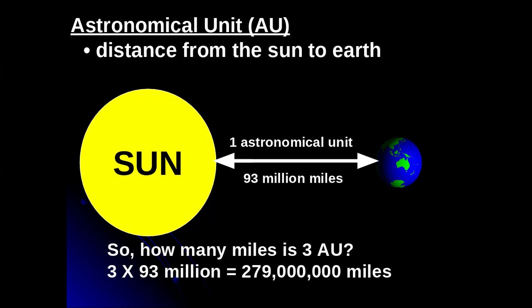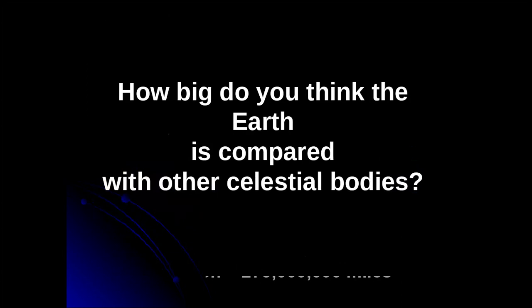So if light travels at 186,000 miles per second, and we allow that light to travel for that year at that rate of speed, it would move around 6 trillion miles. So we would say that 1 light year is approximately 6 trillion miles. But again, we're going to confine our discussion within our solar system, so we will be mostly using astronomical units.